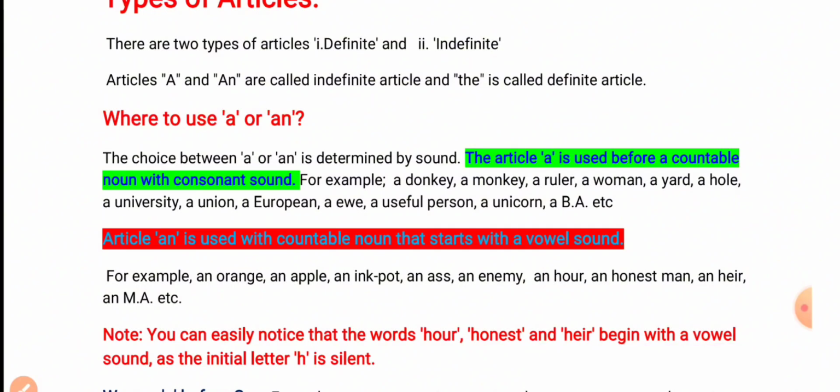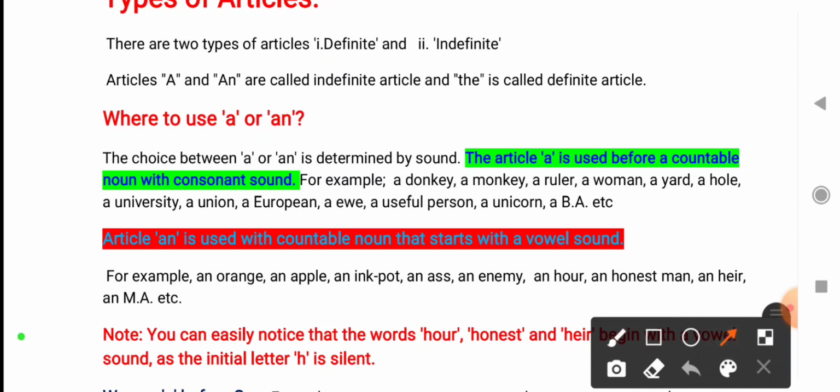Similarly, article an is used with a countable noun that starts with a vowel sound, and before a singular noun.